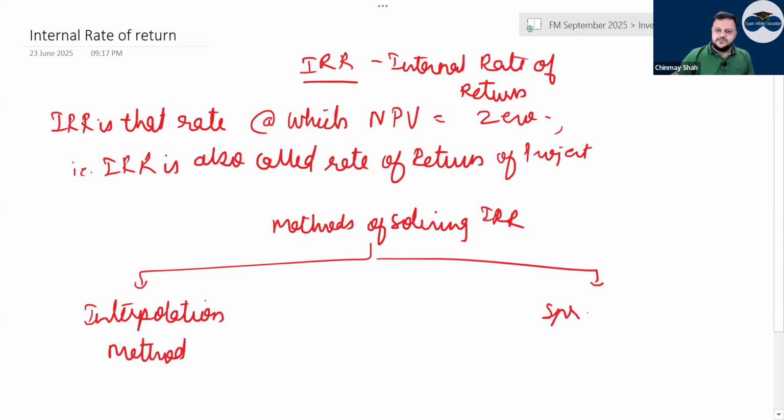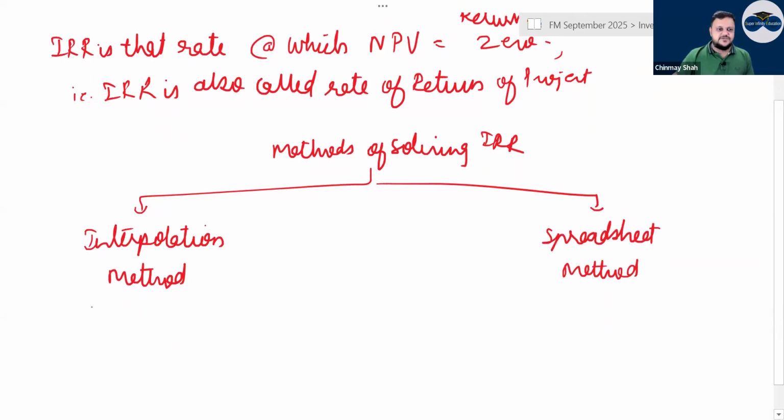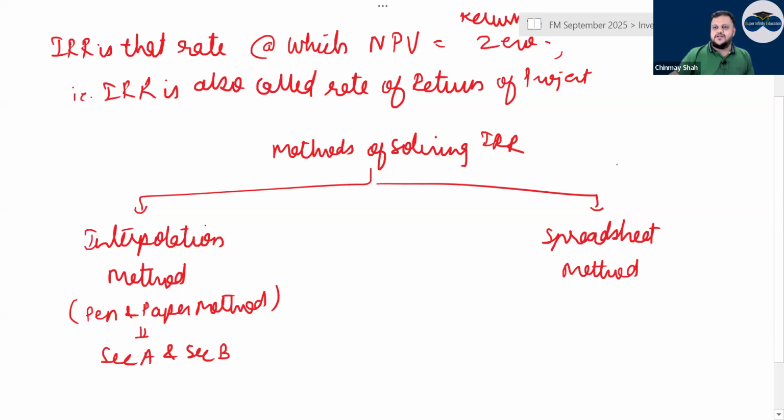Second is the spreadsheet method. Now, if the examiner expects you to use interpolation in section A and section B, if an IRR calculation comes, it is expected by the interpolation method. The spreadsheet method is generally expected in section C, because in section C you have a spreadsheet on which you can solve the question.